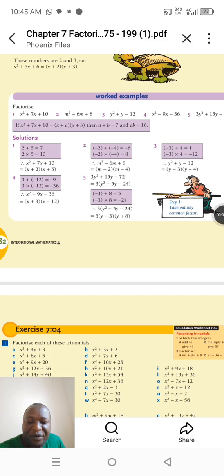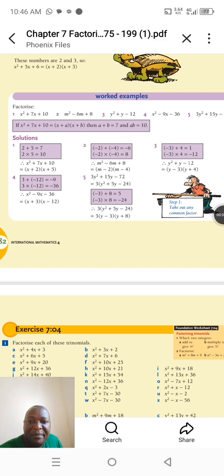Like for question number 1, the coefficient of x squared is 1, and that coefficient 1 is multiplied by the constant 10. So the product of two numbers that gives us 10, and the sum is the coefficient of x, which is 7. So we ask ourselves, which two numbers, when multiplied, give 10, and when added, give 7.